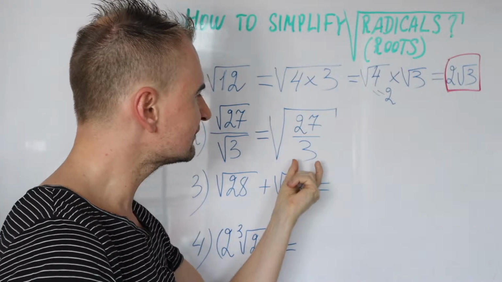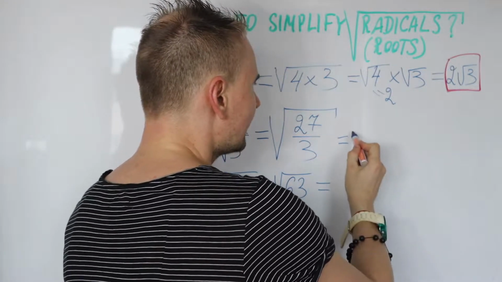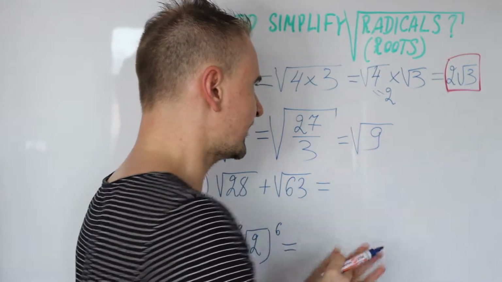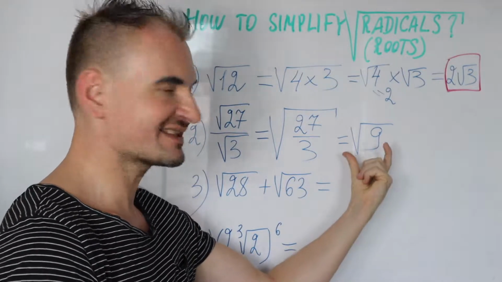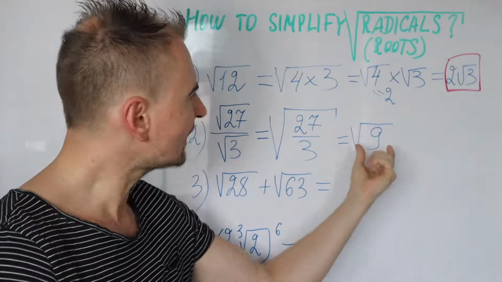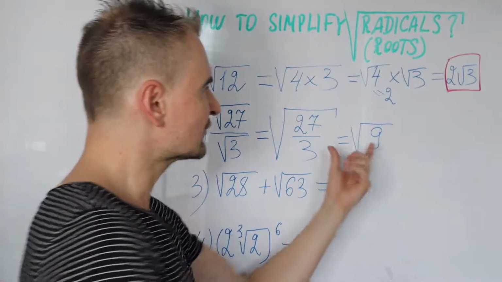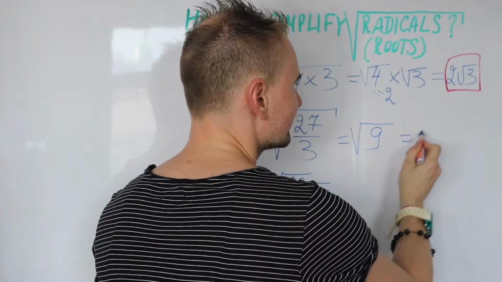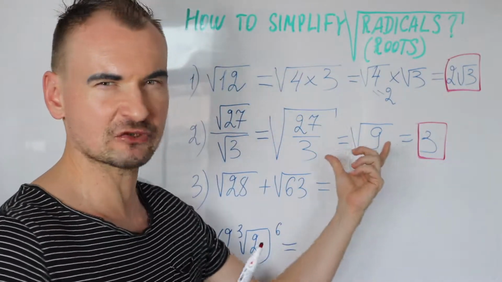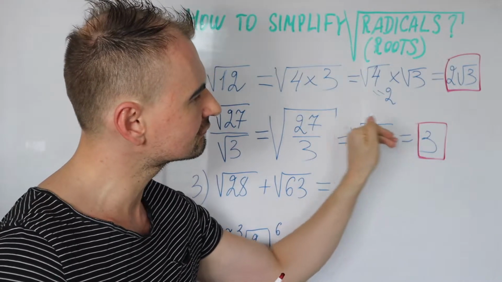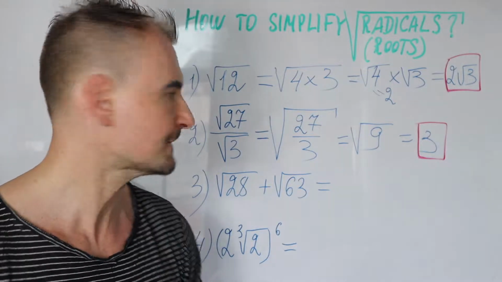Now, 27 you can divide by 3, and we are left with just 3. You keep this root as well, and we end up with just 9. Again, 9 is a perfect square, since 3 squared gives you 9, so this root reduces to just 3. Here we are talking about just the principal square root, so we are not taking the negative in front. It's just the positive value of the root.